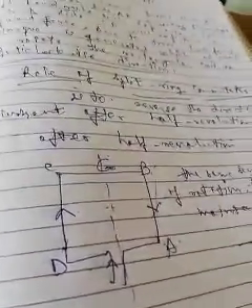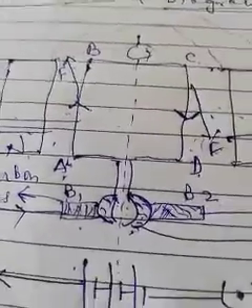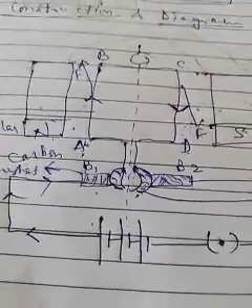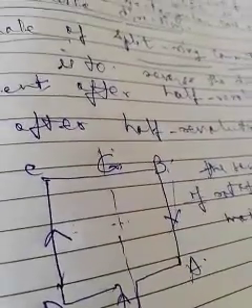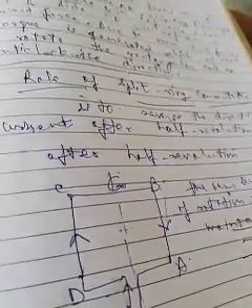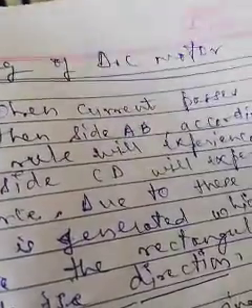The question being asked is: what is the role of the split ring commutator in a DC electric motor? In a DC electric motor, the role of the split ring commutator is to reverse the direction of current. So that is overall the working of a DC motor.